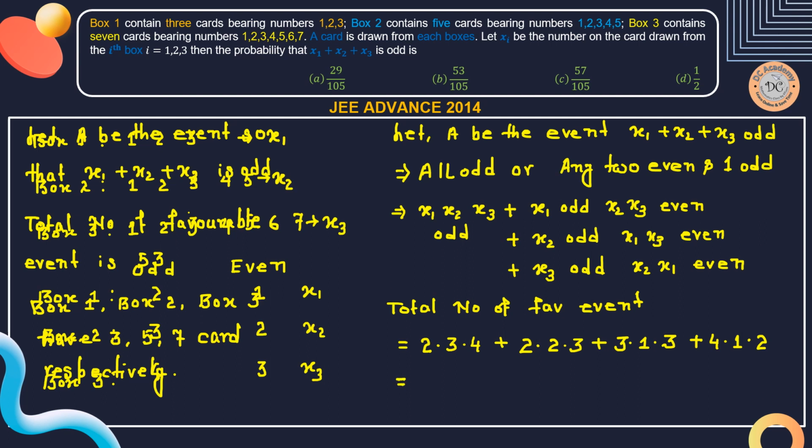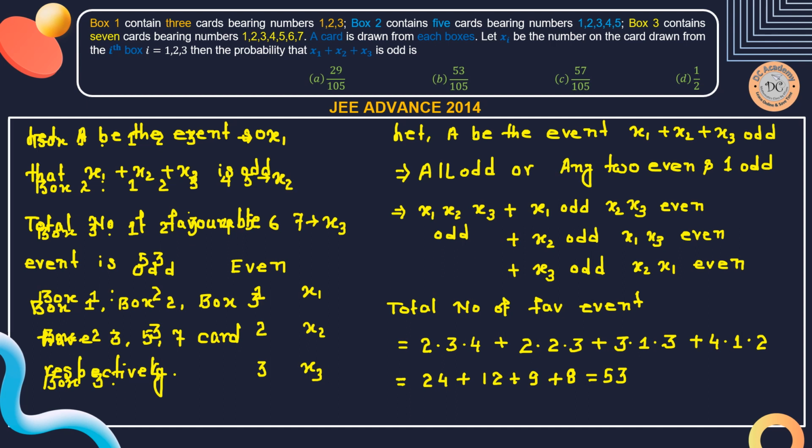So therefore it is 24 plus 12 plus 9 plus 8. If I add them together, 24 plus 12 is 36, plus 9 is 45, plus 8 is 53. So for the event A, the total number of favorable events is 53.